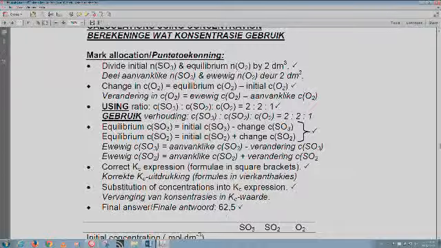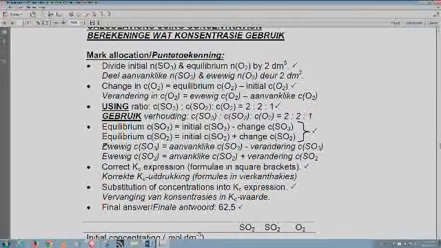In the second option there, we give a mark when the learner divided the initial moles of SO3 and the equilibrium moles of O2 by 2. And then the second mark, it will be the change in oxygen concentration, which is equilibrium concentration minus initial concentration. And then the third mark will be the use of the mole ratio, which is 2 to 2 to 1.